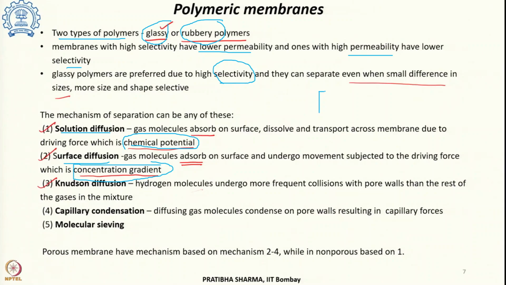suppose one membrane material is non-porous. How does the H plus ion transport from one side to another side?